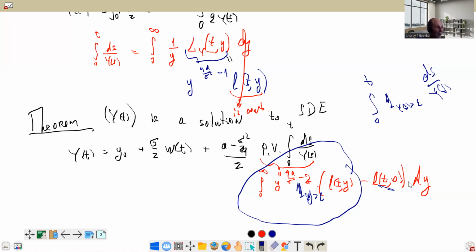Because outside of 0, you have just a regular integral, you can calculate the derivative. But when you hit 0, you have something strange. I see. Interesting. Okay. Thank you again.